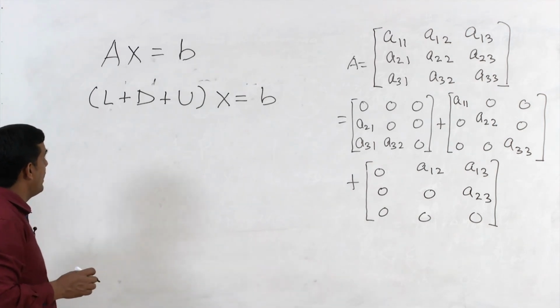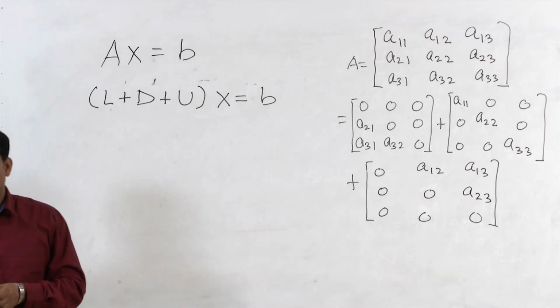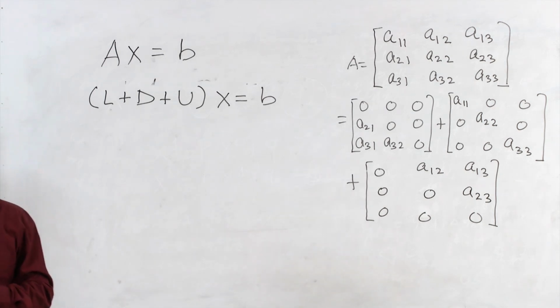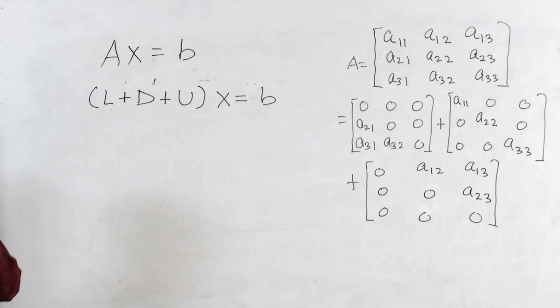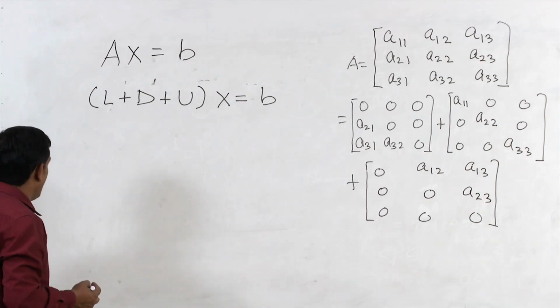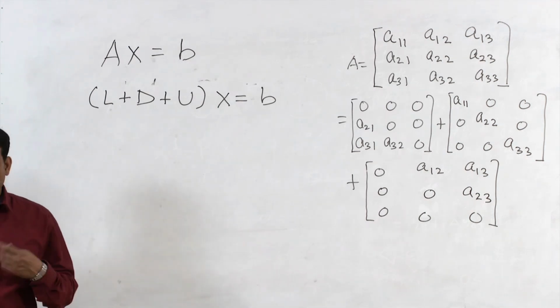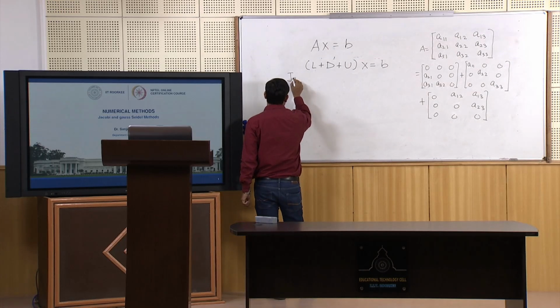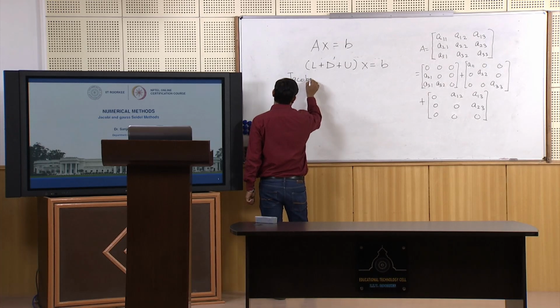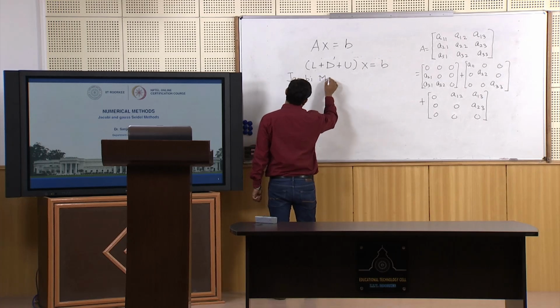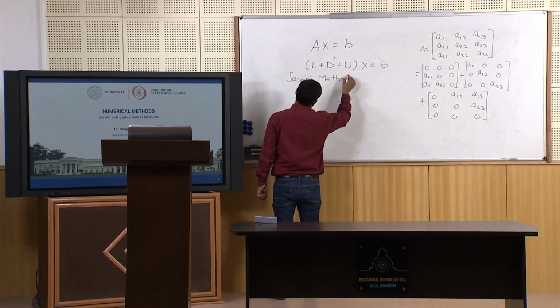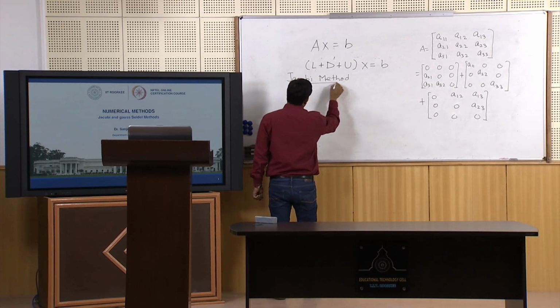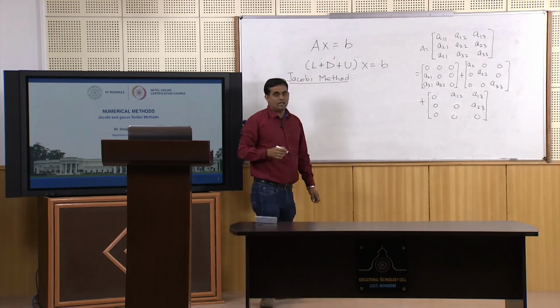Now, we have different schemes under the category of iterative methods. First of all, I want to introduce the most simple scheme, that is called the Jacobi method.